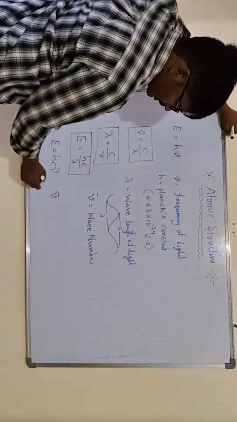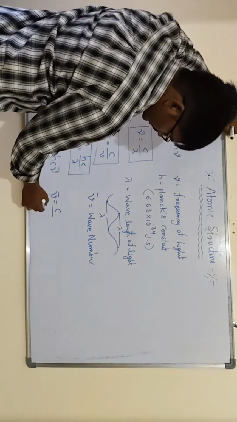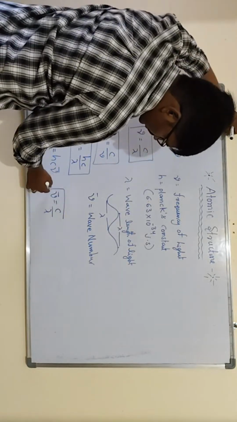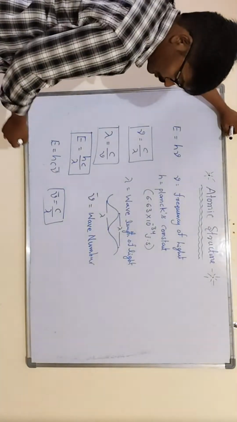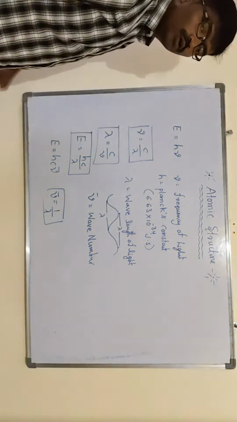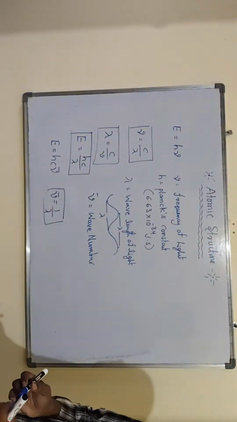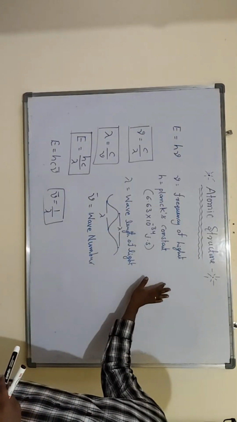So wave number equals 1 by lambda, not c by lambda. 1 by lambda, that is nu bar, wave number. Based on all these, they will ask you questions.